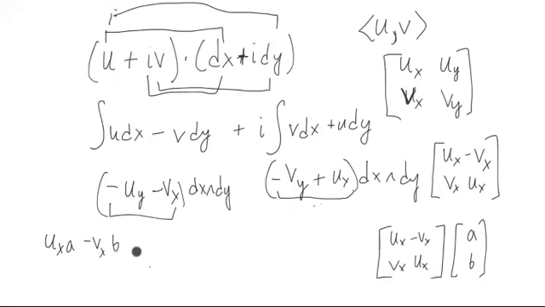And then on the bottom, I'll just do it like this. So this is what happens from doing that and that. That's the first component. The next component would be VXA plus UXB.